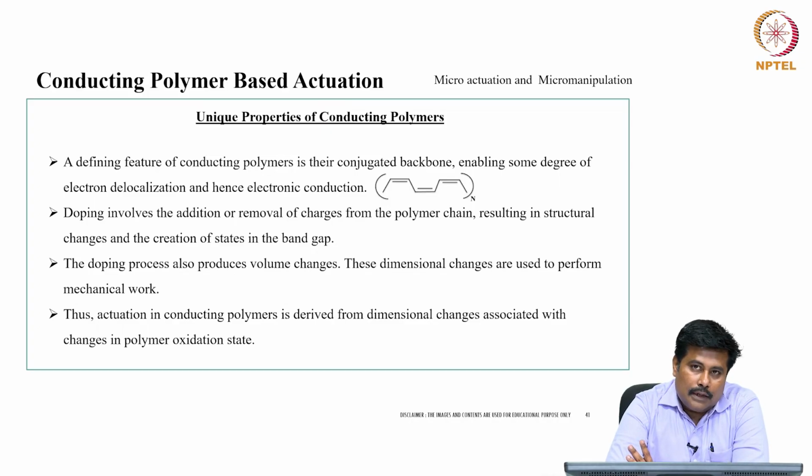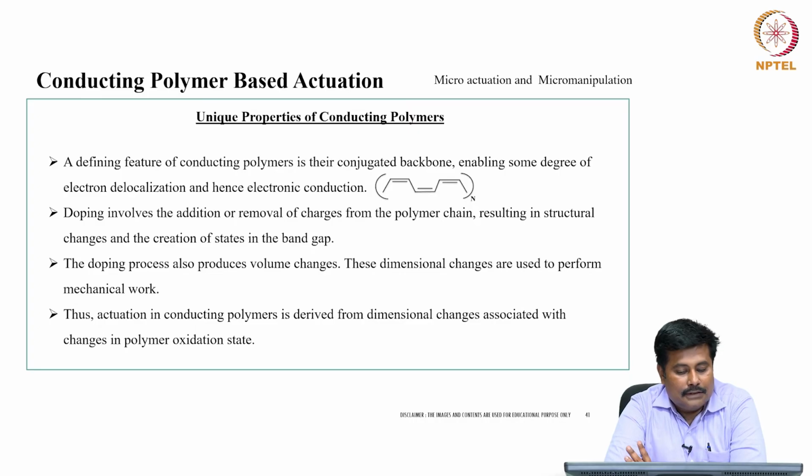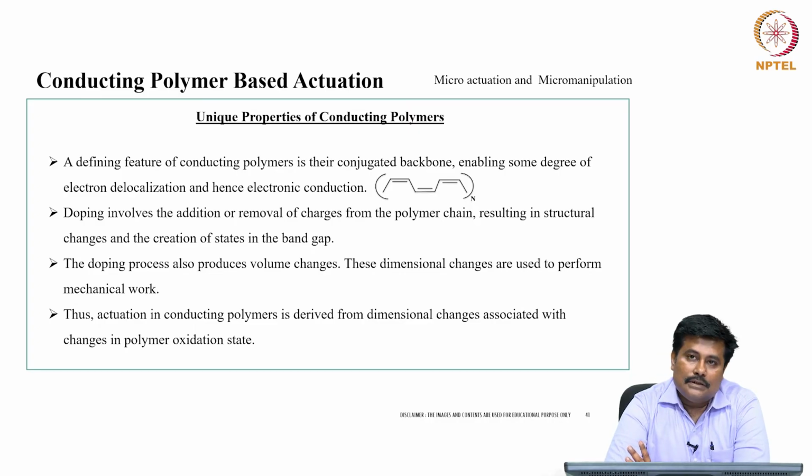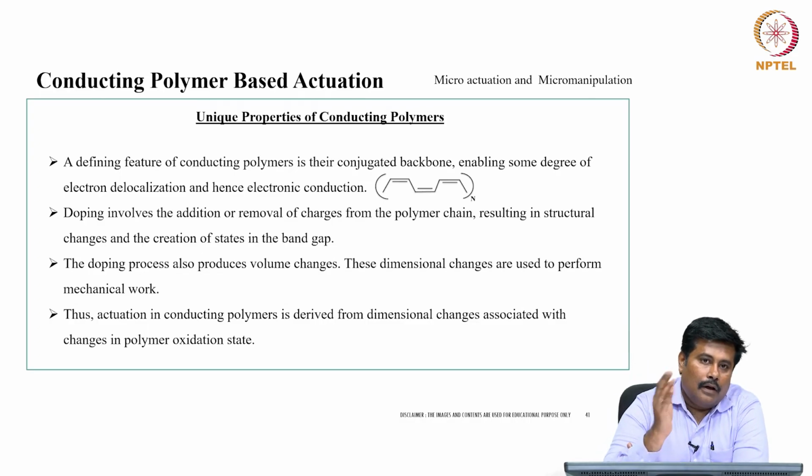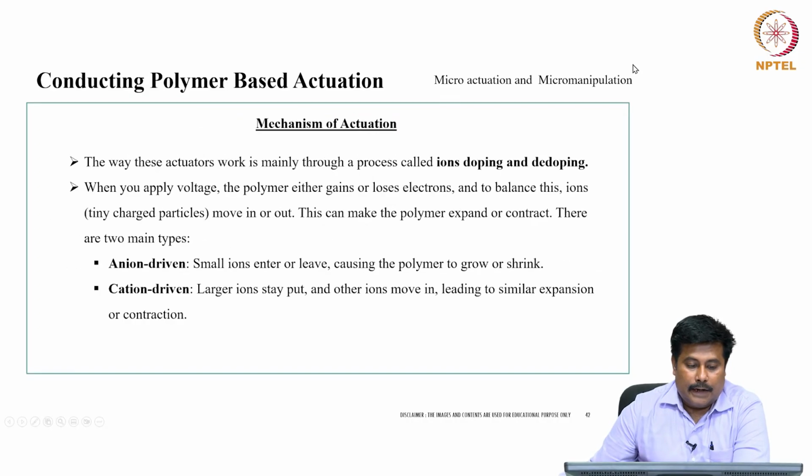There is a process of doping, which involves the addition or removal of charges from the polymer chain, resulting in structural change and creation of states in the band gap. The doping process also produces a volume change. These dimensional changes are used to perform mechanical work. Thus, actuation in conducting polymers is derived from a dimensional change associated with the change in the polymer oxidation state.